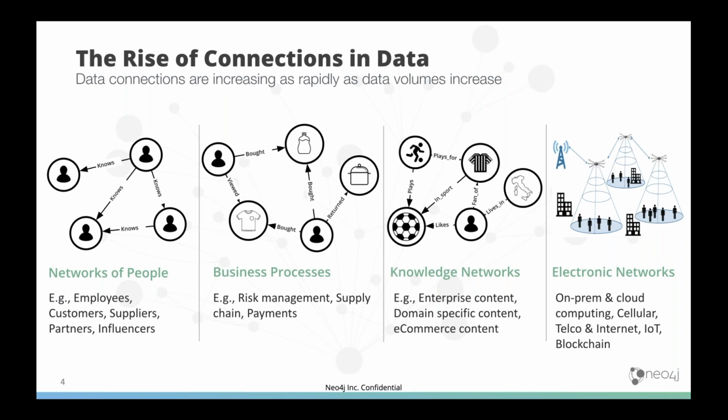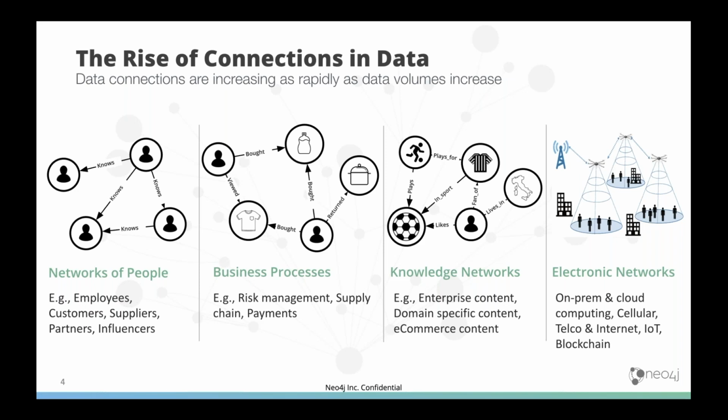Trying to do a supply chain, trying to do a payment network, and so on. Then there are knowledge networks that are connecting lots of different kinds of content together. And then the classic electronic networks, in telecommunications, cellular, internet, and so on.